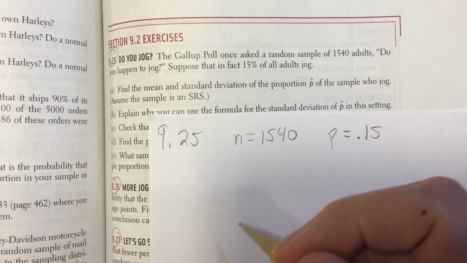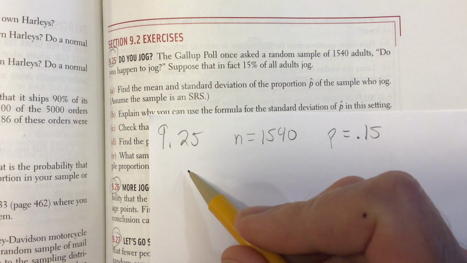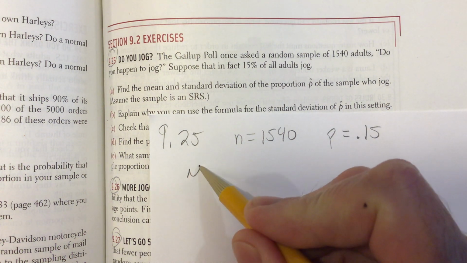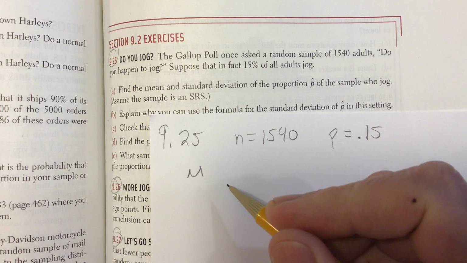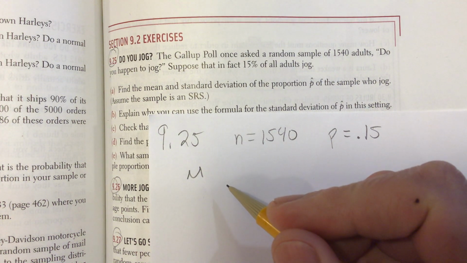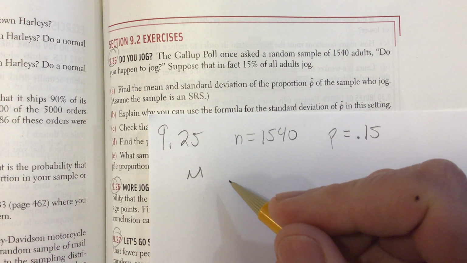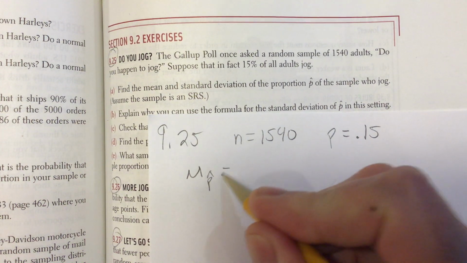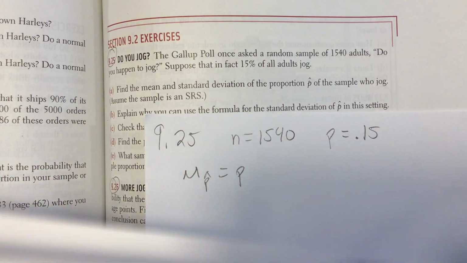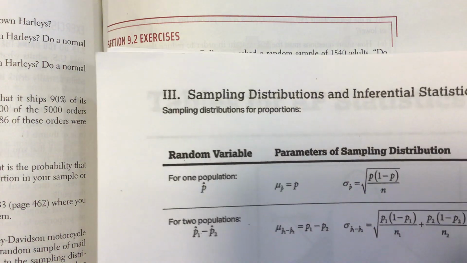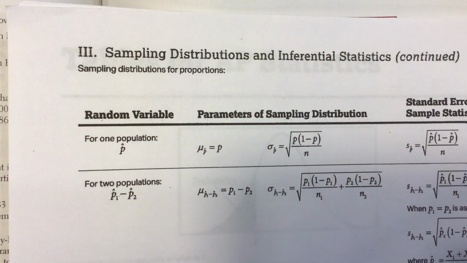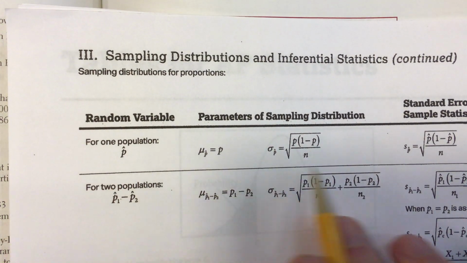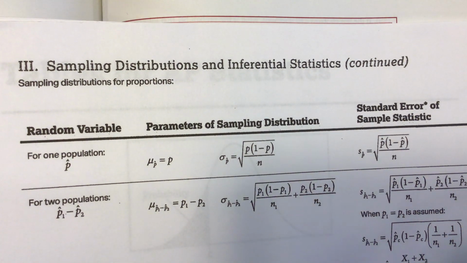Okay. So the mean of p hat is equal to p. Okay, and this is on our formula sheet right here. When our random variable is p hat, these are the formulas we'll be using.